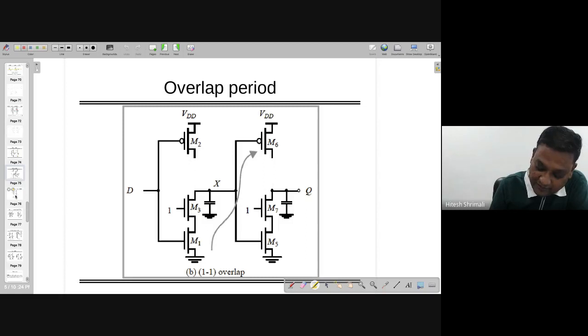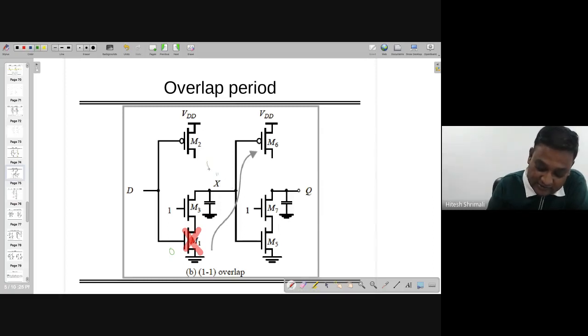Such a diagram. In that case, whatever the D input you are giving here, if it is 1, then X equal to 0. If this is equal to 0, then this is already in the off state. So X will be the same as what it previously had over here. This capacitor was already charged.